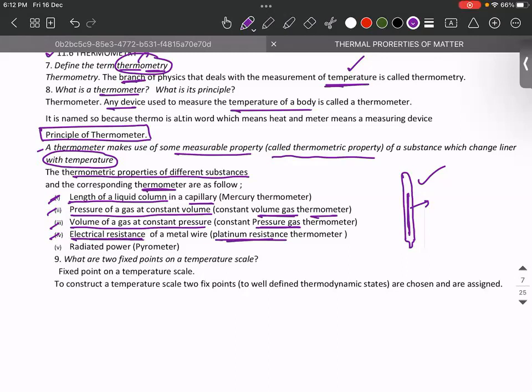When current is passed through a material for a longer duration, it will generate heat of the value I squared R t. So when heat is getting generated, obviously you can speak about the temperature. Similarly, we can talk about the radiated power, which is for a pyrometer.